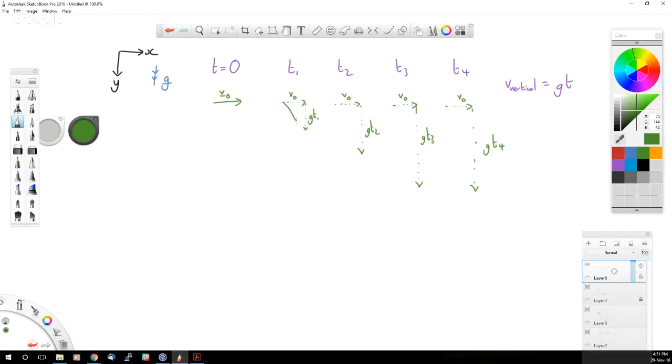And now we can add together those components in all of these cases. Oh, that gt4 is awful, that needs to come down much further. What happens when I don't take my time and get sloppy with my drawings? There we go, and so those are our velocities.